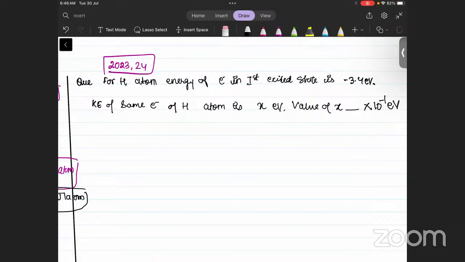So what it is saying, H atom, so no problem, Z is 1. Whenever you see this, first thing you have to do is, okay, Z is 1. Now it is saying first excited state.